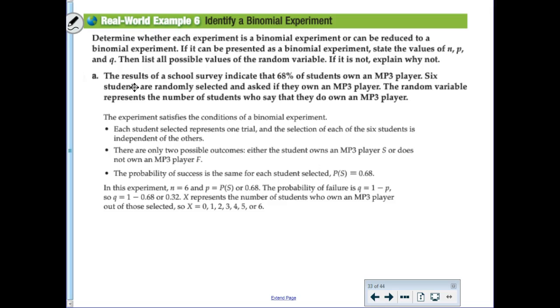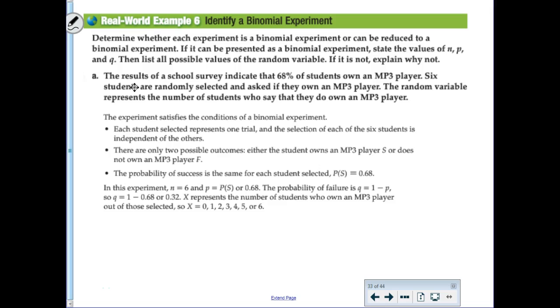The random variable represents the number of students who say that they do own an MP3 player. So the first question you would ask yourself, if this is a binomial experiment, is if there's only 2 outcomes to their questioning. So when I go up to you and I say, do you own an MP3 player? What are your options for answers? Yes and no. So right there, yes, we're on track to be a binomial experiment.